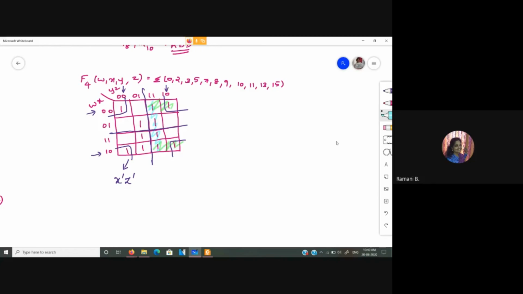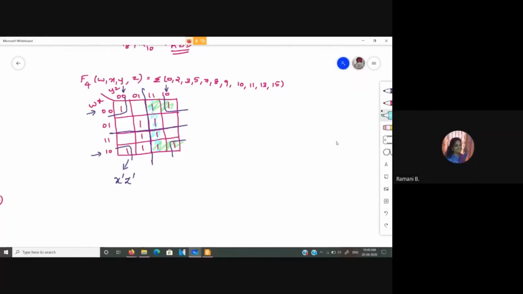This M3 can be covered either using the green highlighted quad or the blue highlighted quad. You can take it any way. You can use either that quad or this quad, because with this particular one, the term corresponding to 5, the minimal group is that of this particular quad only.